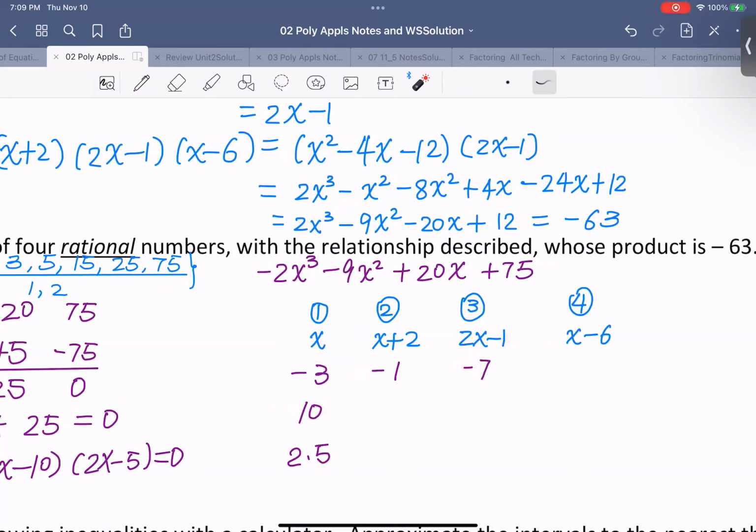Right, for the cross multiplication step. You see here, 2x minus 1, 2 times this, -6, minus 1, -7.